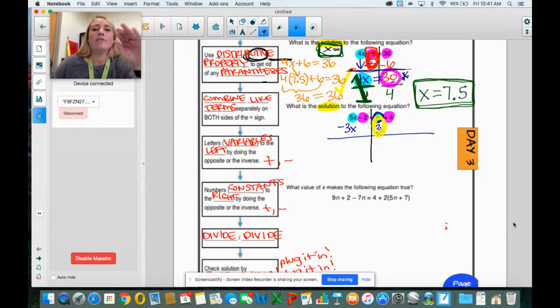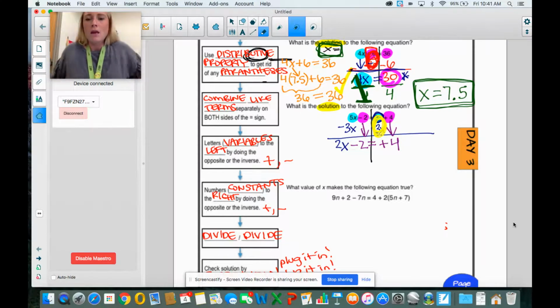I know what 5 and minus 3 is, and then I just keep the variable with it. So 5x minus 3x gives me 2x, and then I bring everything else down. Over here, I have a minus 2 left, got my equal sign. My 3x canceled out, and so I'm left with a positive 4 on this side.